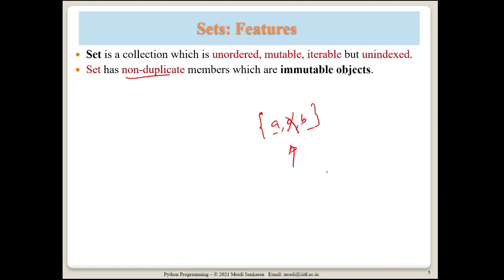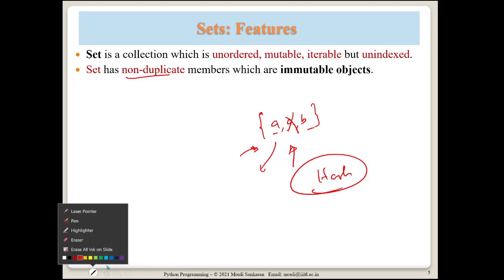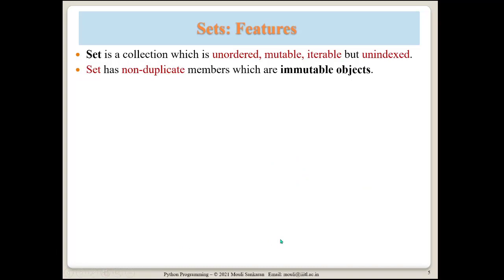We will see that, and that's where the hash function comes in. When you are iterating over the set or trying to fetch one item from the set, how is it accessing a particular element, whether it is present or not? It uses a hash function for that. We will see that. So they are non-duplicate elements, but they are immutable objects, so they themselves cannot be changed.